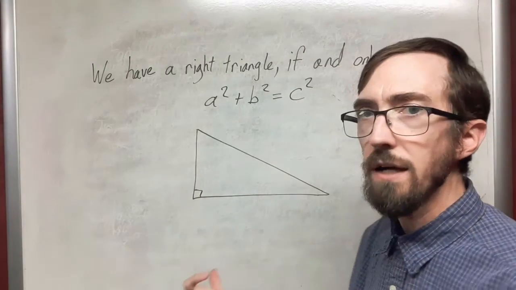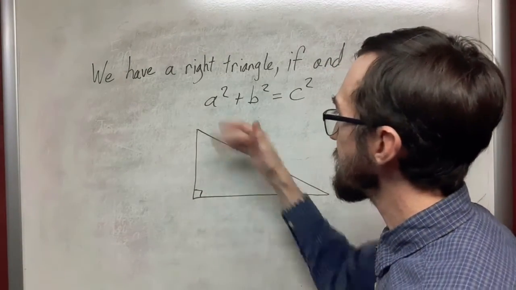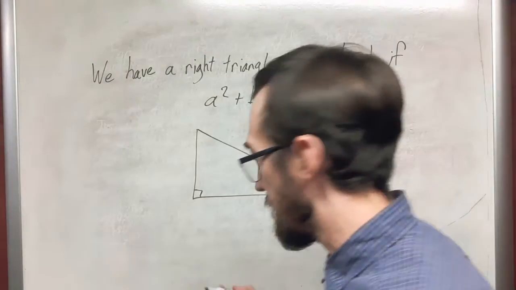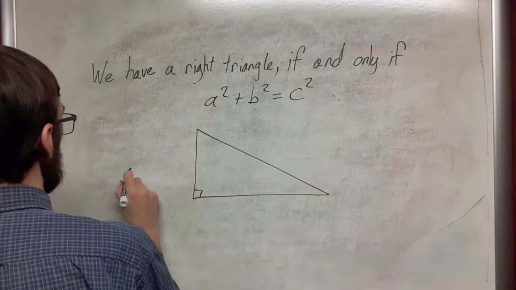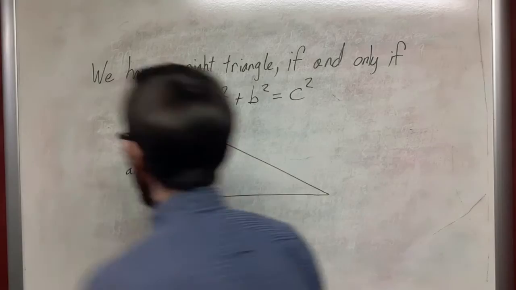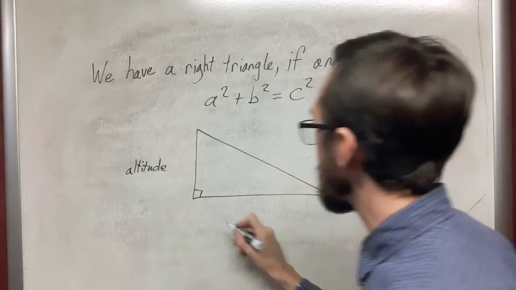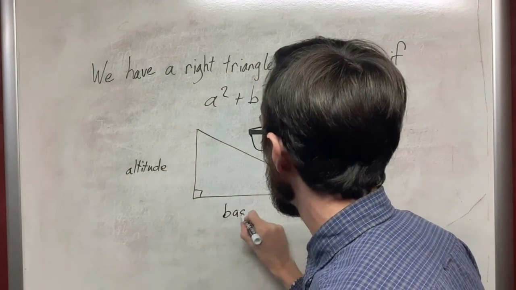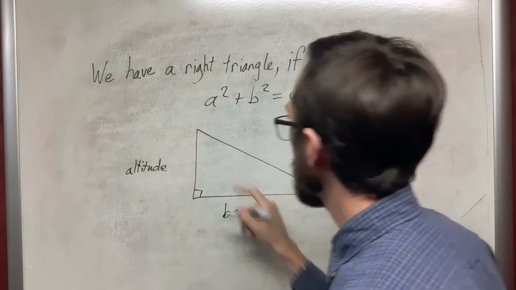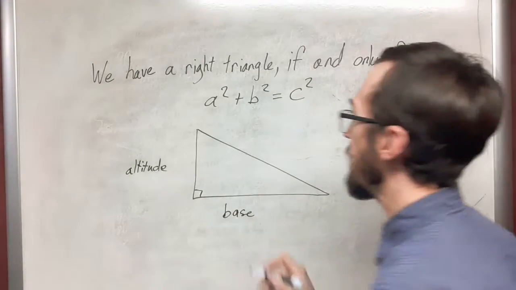Another word for height is altitude, and so I want to label the height of my triangle as altitude. And I want to label the base of my triangle as base. And I've already said this last side, the one that is opposite the 90-degree angle, is hypotenuse.